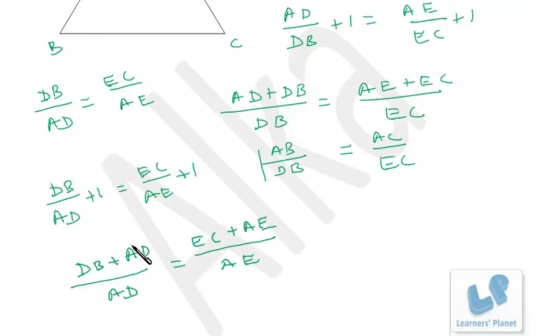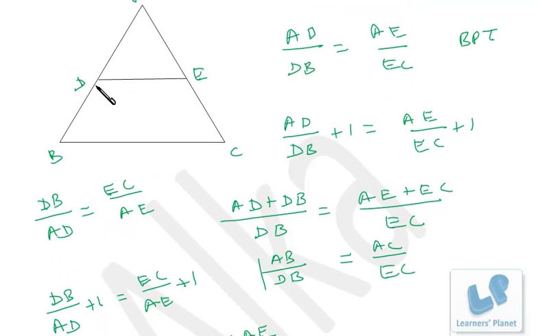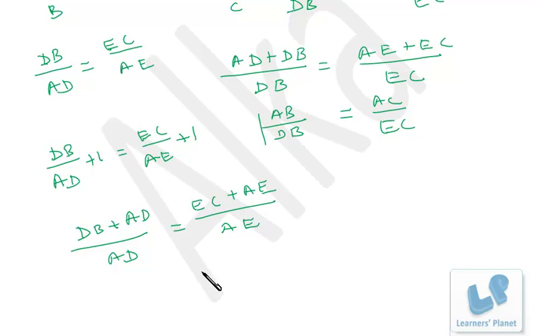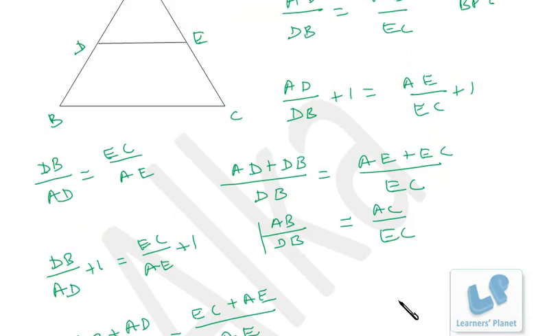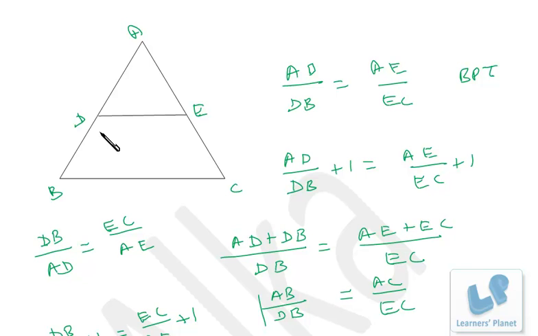Now DB plus AD is AB only. So AB by AD is equal to EC plus AE, which is AC, by AE, right? So this is also a result. Precisely, if you know basic proportionality theorem, various results can be established. AD by DB is equal to AE by EC, that is the basic proportionality theorem, okay?